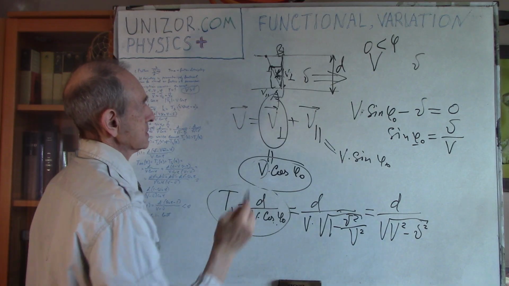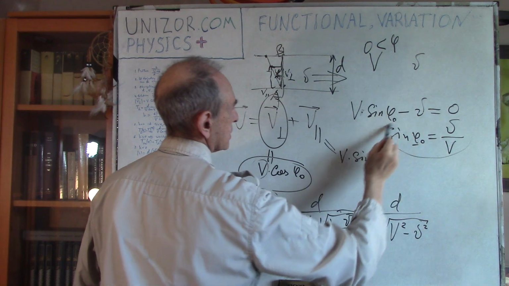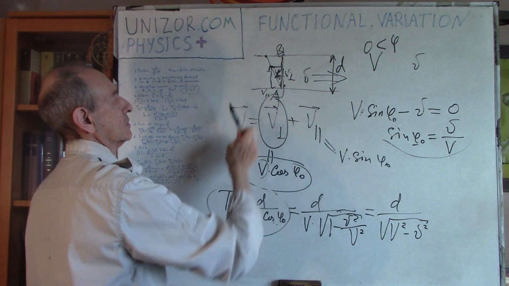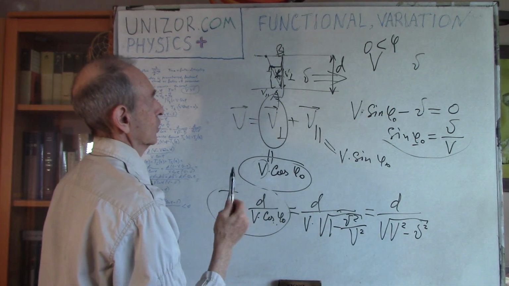Now, let's consider this angle phi 0, which is defined by this. If you go even further to the left from phi 0, to a greater angle, what happens?